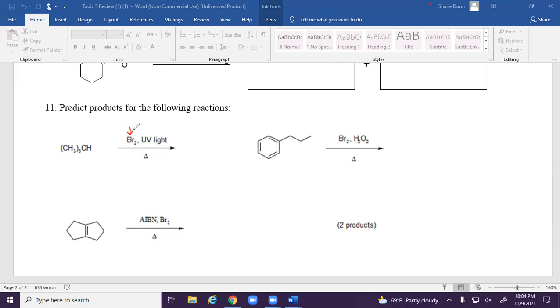What goes here is bromination, right? Bromination occurs. Okay. So when bromine breaks apart, homolytic or heterolytic? Homolytic. So you get one and you get one. What does this guy look like?